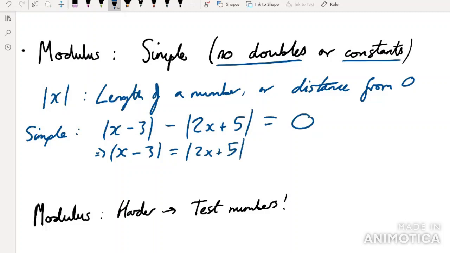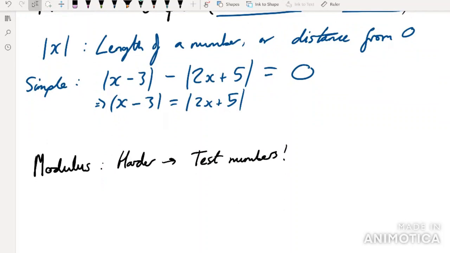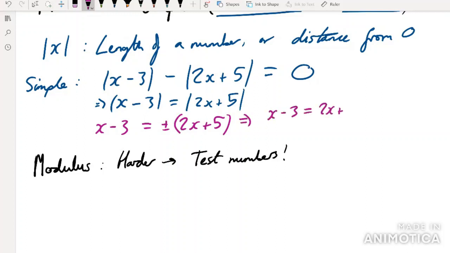The reason we want to do that is because the moment you have something in simple form for moduluses, all you do is get rid of the modulus, and then say equals plus or minus the other side, all in brackets. And then we're just going to solve. So the plus one: x minus 3 equals 2x plus 5. That tells us that minus 8 equals x.